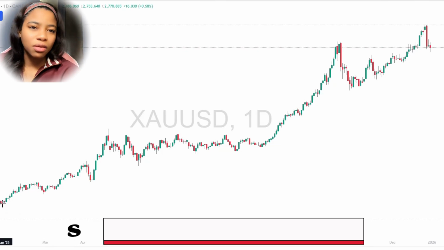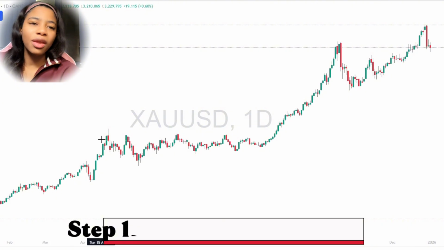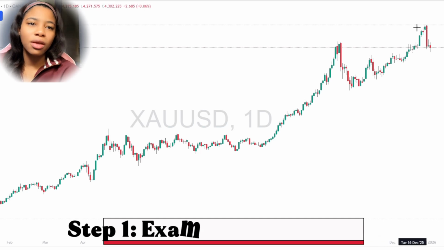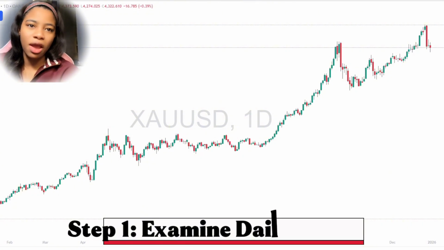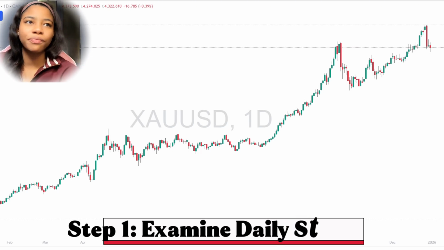Your first step is to go to the daily time frame. Go to that daily chart. And you're looking to see if we're in an uptrend or a downtrend. That's it. If we're in an uptrend, the market is going to be climbing higher and higher, and it's going to be very obvious. All right. If we're in a downtrend, it will look like we're falling. All right. And you're going to be seeing that we're making lower highs and lower lows.